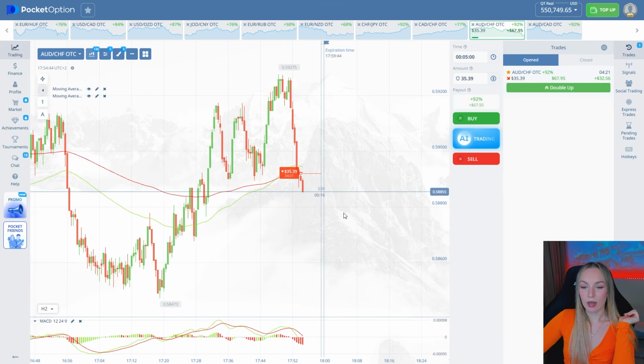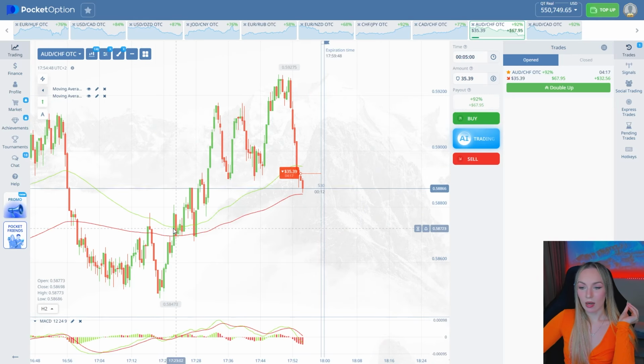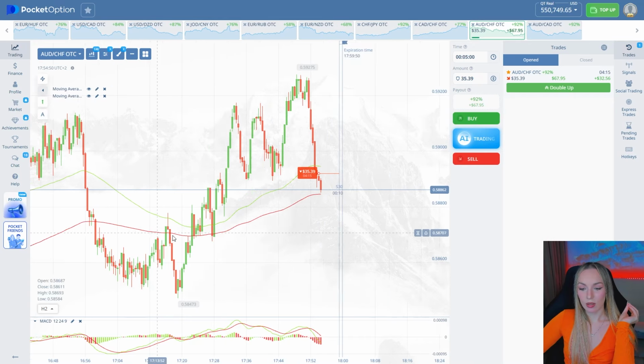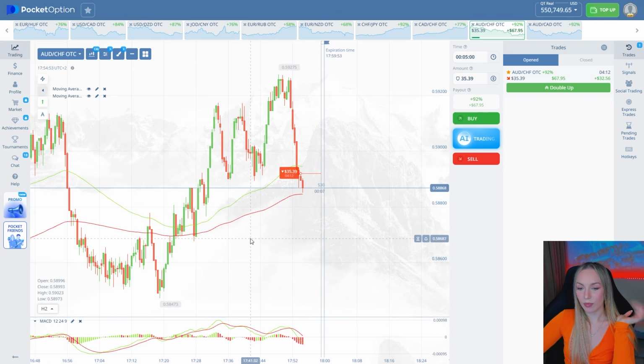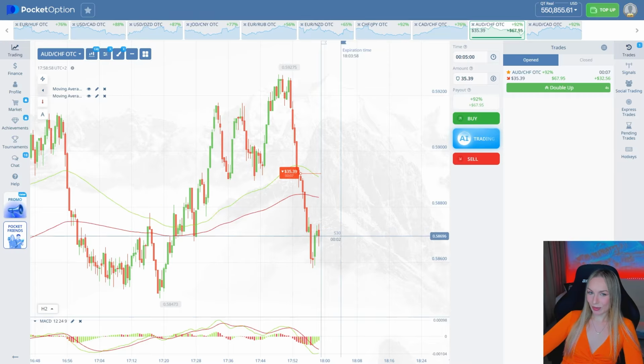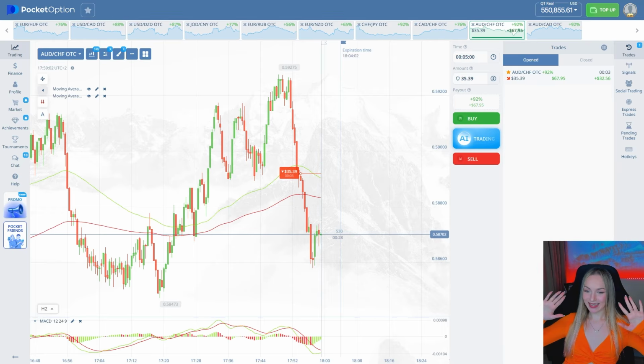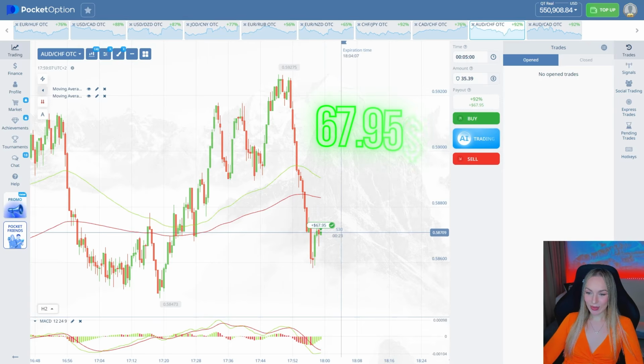So you know, this chart has a clear structure and pattern, so I hope that this one is going to be profitable. And another profit is coming in 5 seconds. What an amazing signal was this one. Yoo-hoo!